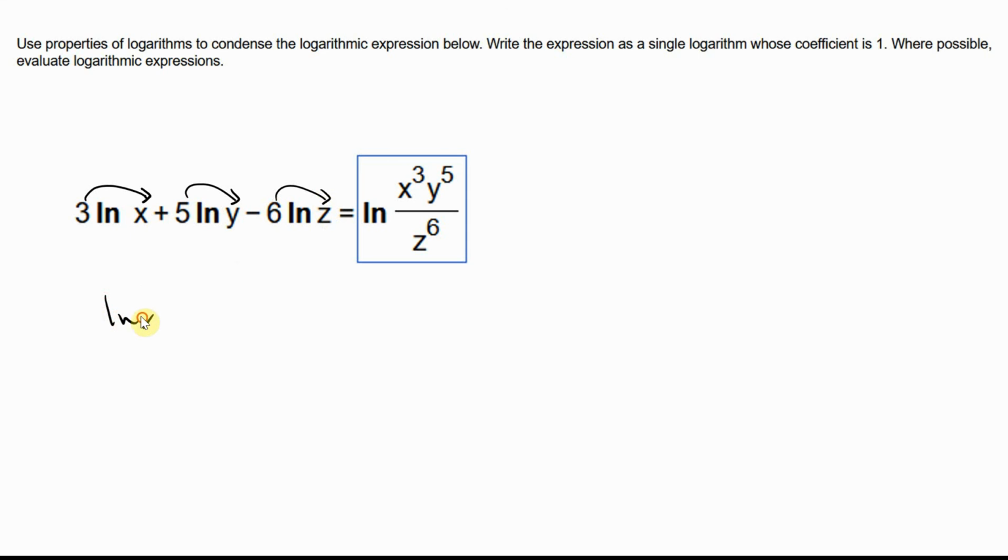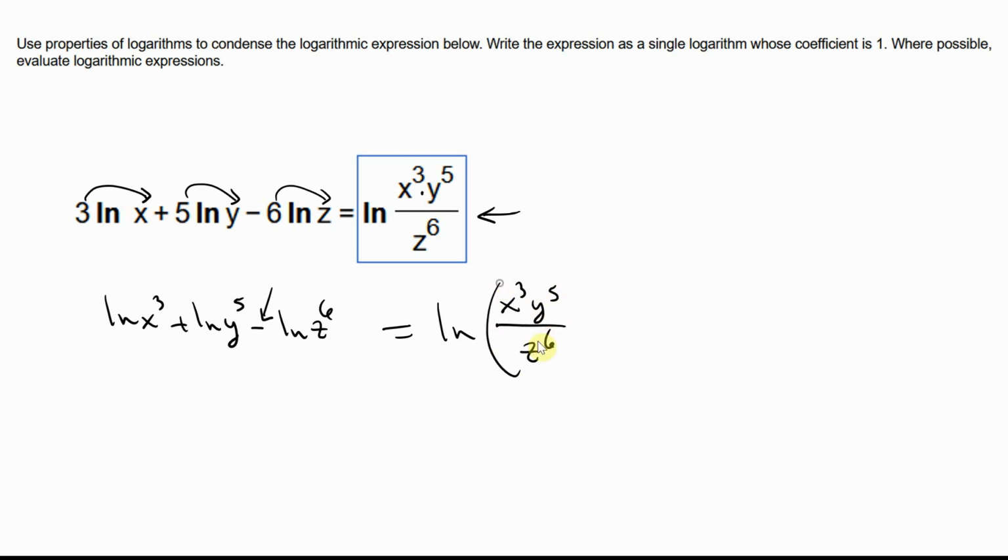So this is the natural log of x to the third plus the natural log of y to the fifth minus the natural log of z to the sixth. Now, if it's plus, it becomes multiplication, and if it's minus, it becomes division, and so you get the answer: the natural log of x to the third times y to the fifth, all over z to the sixth.